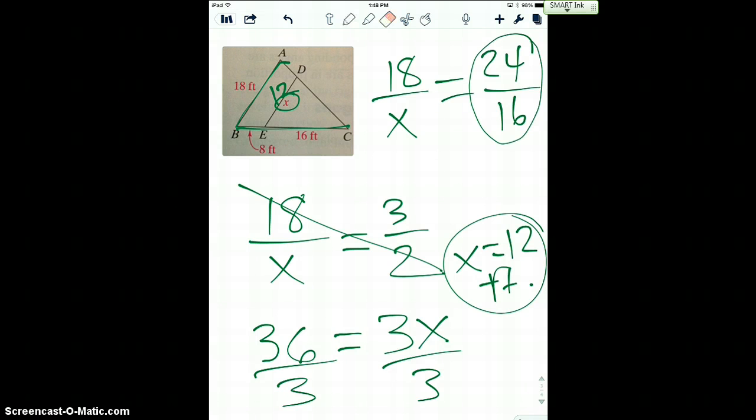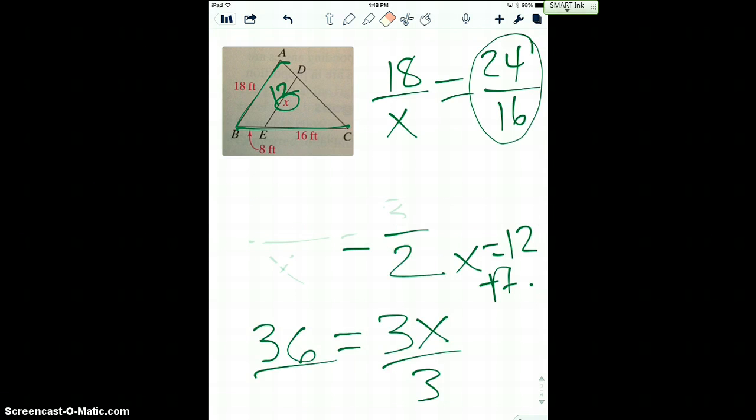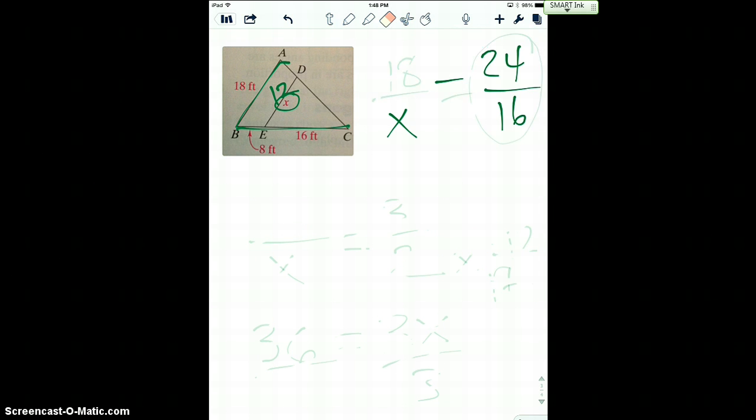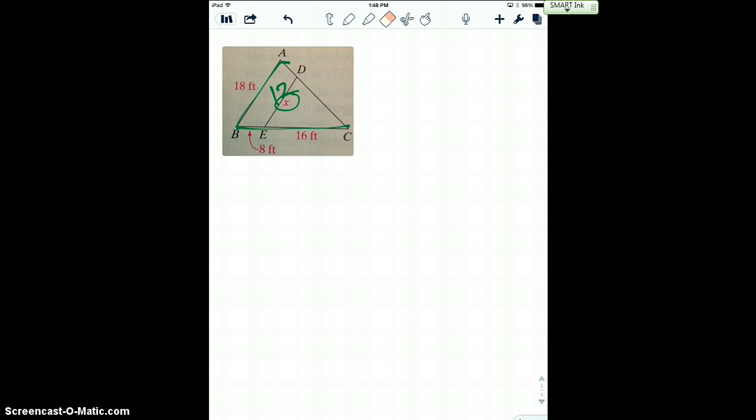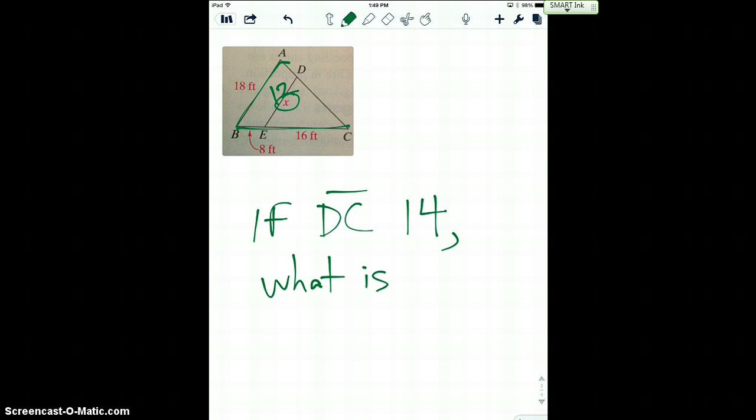Now that was my final example, but I want to extend the idea once more. If I keep this picture, and now I say, okay, you think you're really good? Well then, if DC is 14, what is the length of AC?